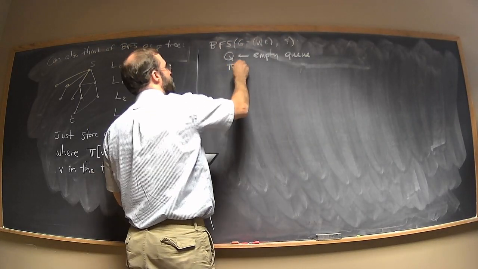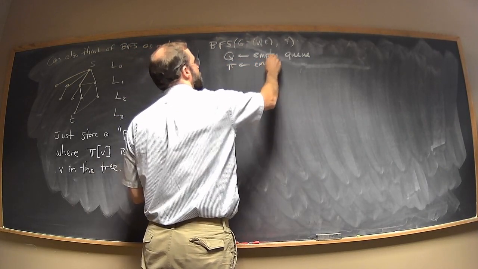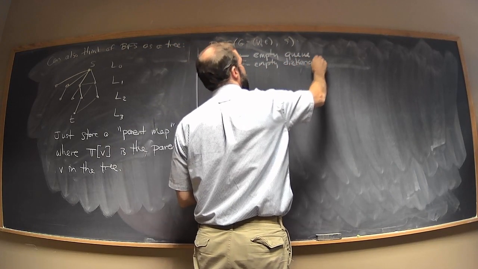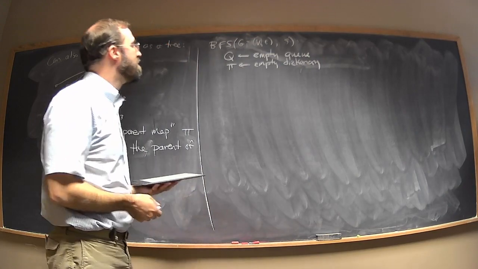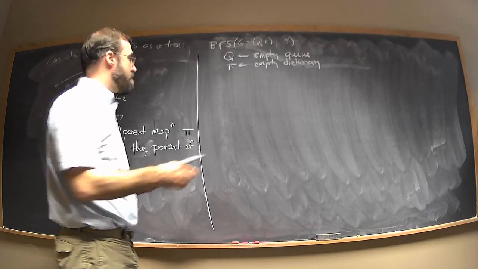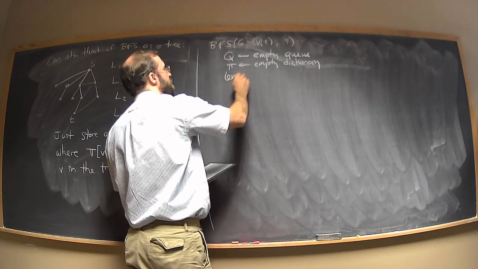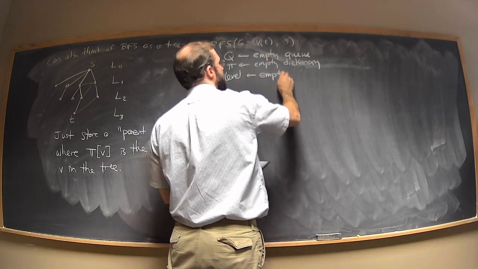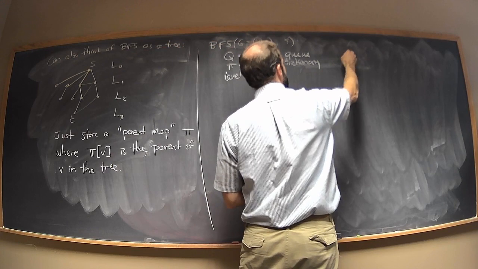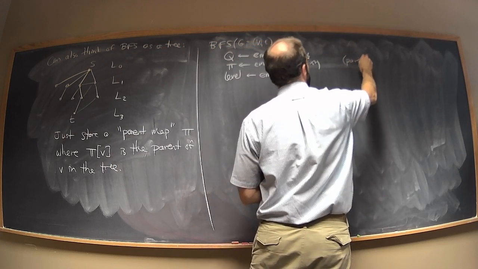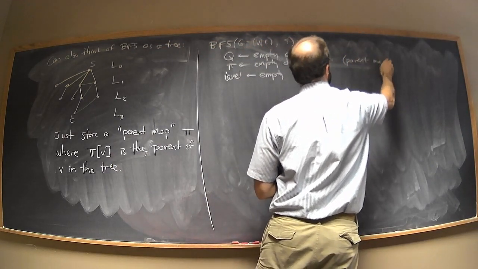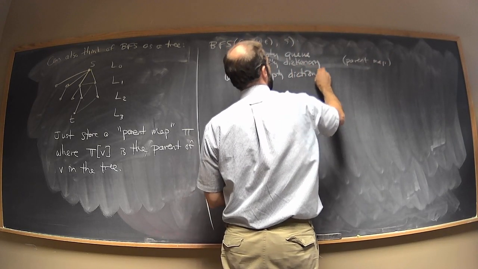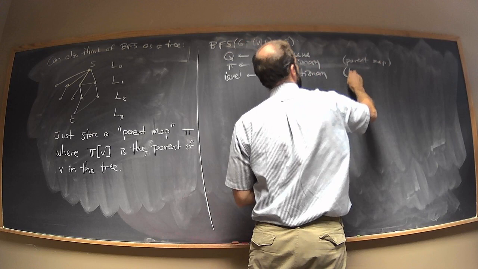And we'll make our empty dictionary. This is for our parent map. I'm also going to make another empty dictionary, which I'm going to call our level map.